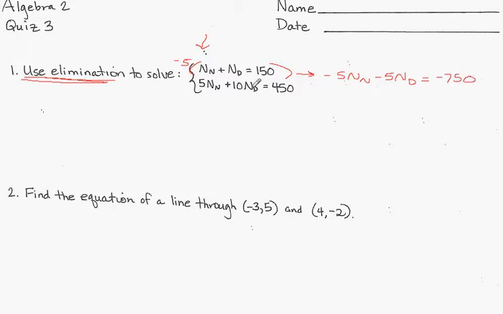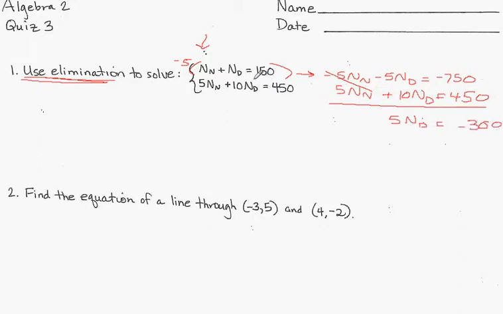We don't have to do anything to this equation because right away we'll be able to eliminate the n sub n's by just multiplying one equation. Alright, and we can just add these guys up. There we go. We eliminated a variable, and we get 5 n sub d, number of dimes, equals negative 300.